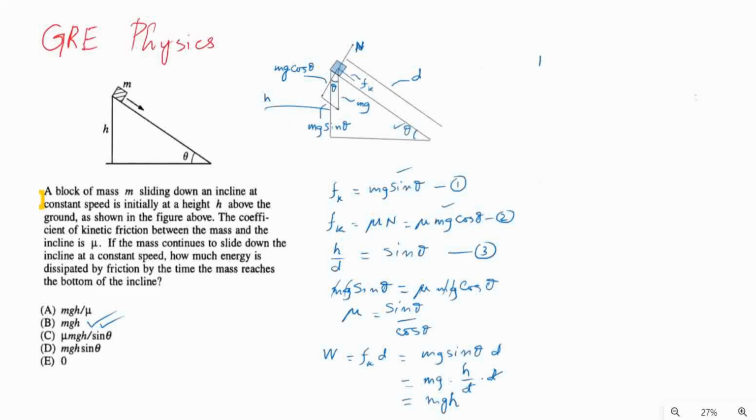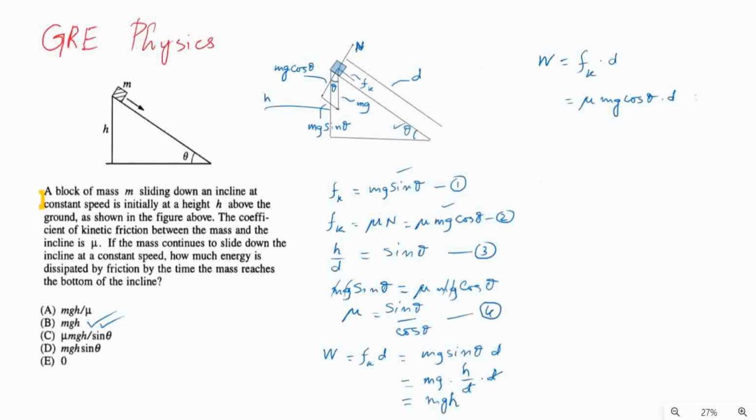Work done is equal to Fk times d, and now Fk from equation number 2 is mu times mg cosine theta, times d. Call this one equation number 4, say.